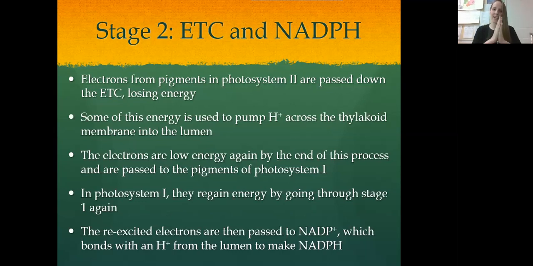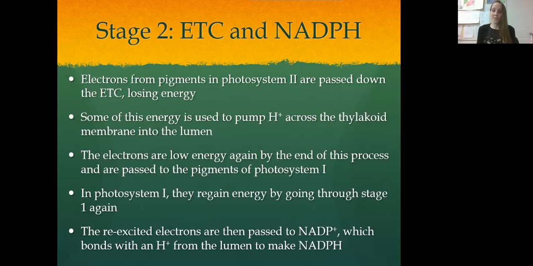They get excited, get passed into the ETC. As they go through the ETC, they're going through these redox reactions, they're losing energy, and some of that energy that they're losing is used to pump hydrogen ions across the thylakoid membrane into the thylakoid lumen.